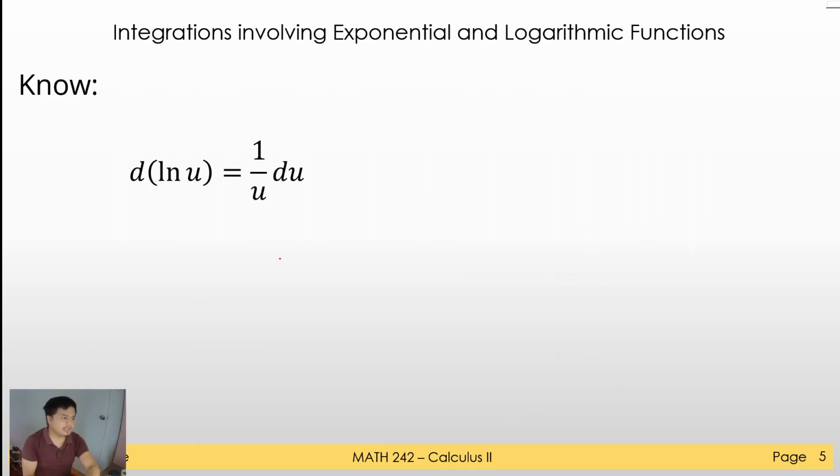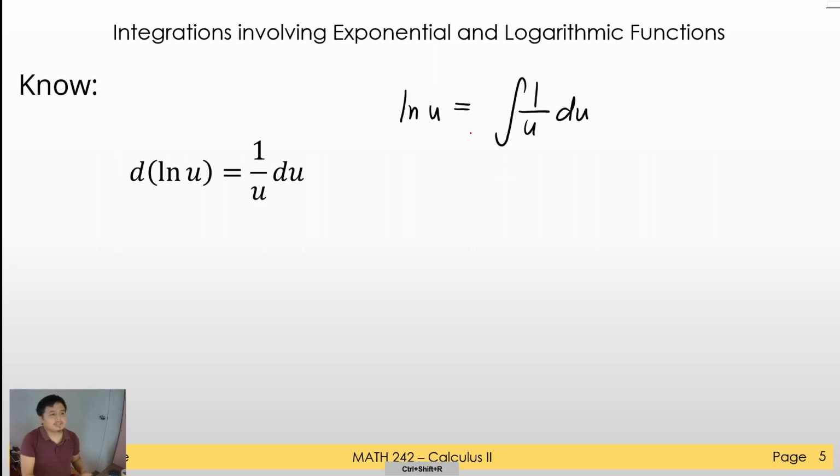Okay, so another one is the natural log. If you can remember, the derivative of ln u is 1 over u. So if we integrate this again, we cancel the d and the integral. So we have ln u is equal to the integral of 1 over u du.